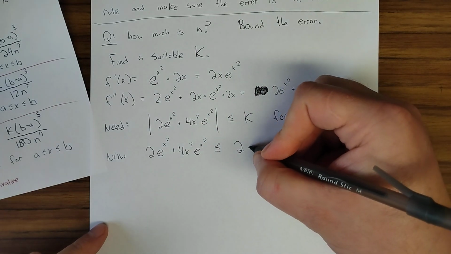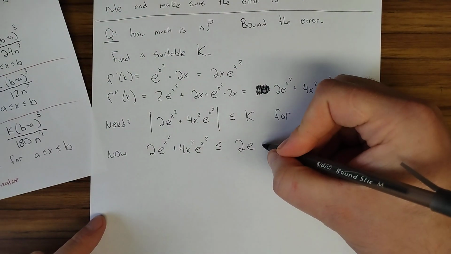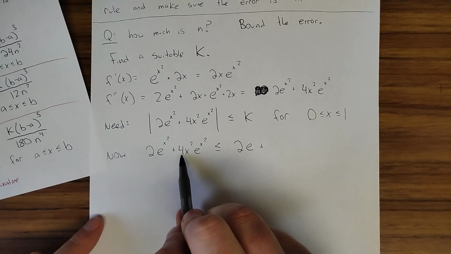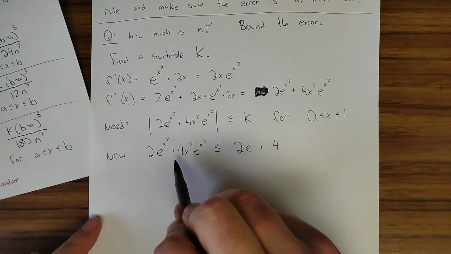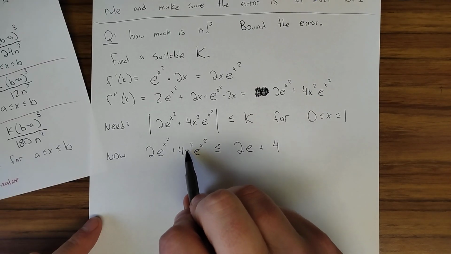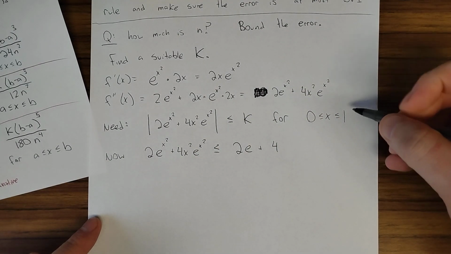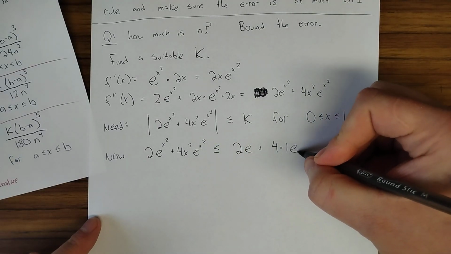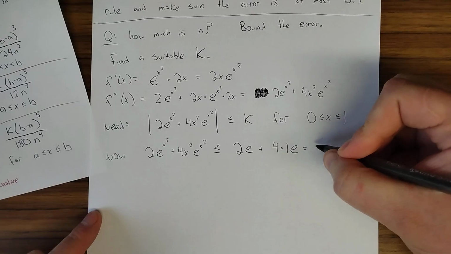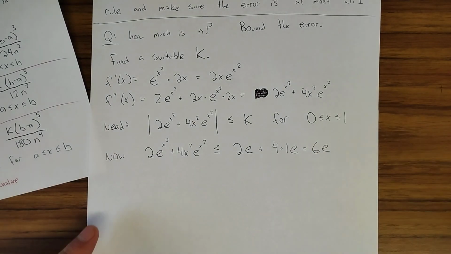So what I would get is just e there. And then the 4 carries through. x squared is at most 1 because x is at most 1. And this is at most e. So I get 6e.